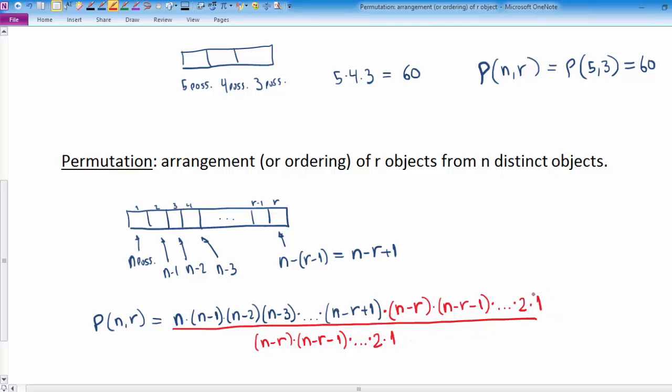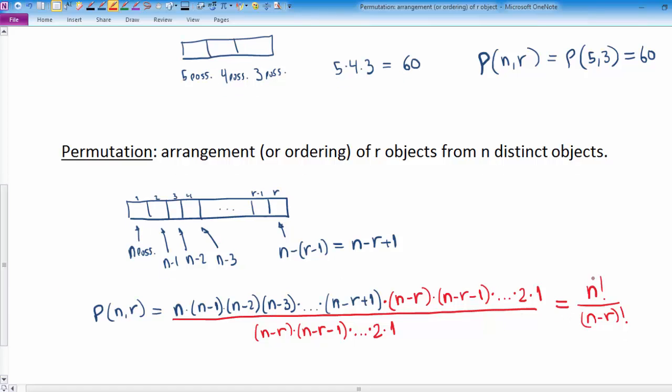Now, what is the reason we want to do that? Well, because this is simply the factorial. The top one is the factorial of N. The bottom one is the factorial of this number, N minus R. And the formula for permutation becomes much easier and simple.